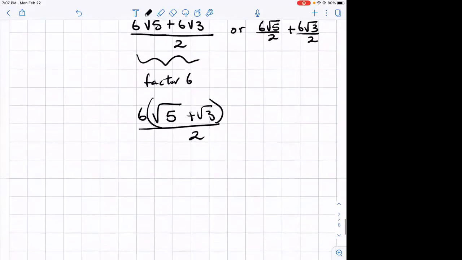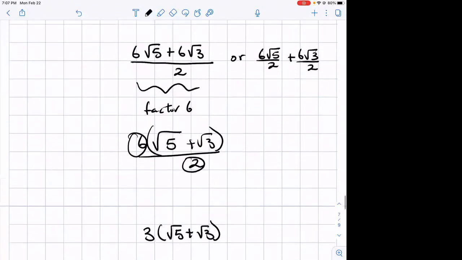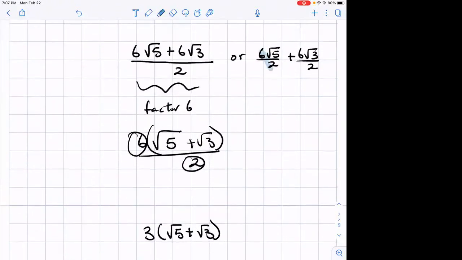And then notice that the 6 and the 2 can be simplified, so that becomes 3 times root 5 plus root 3. And notice that if you did that here, okay, the 6 is divisible by 2, so you get 3 root 5, and the 6 here is also divisible by 2, okay?